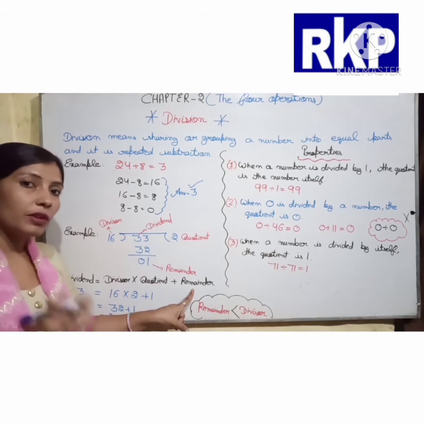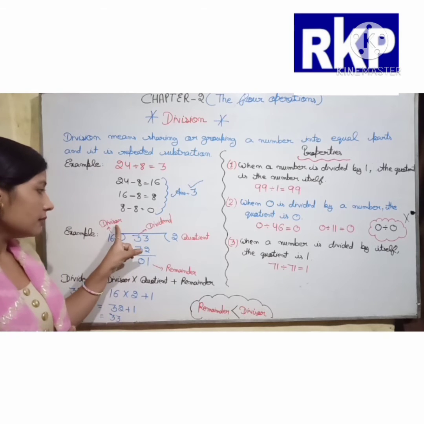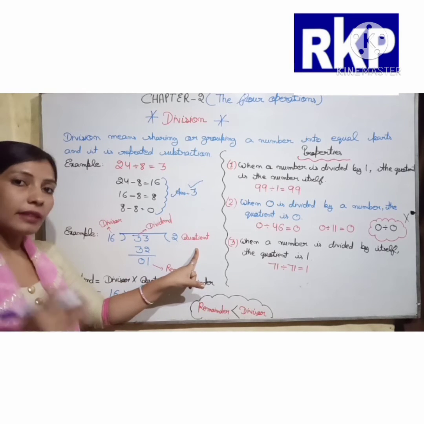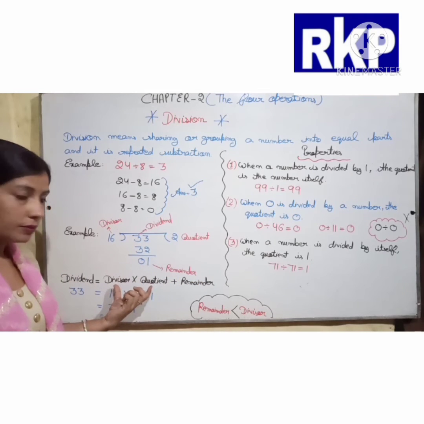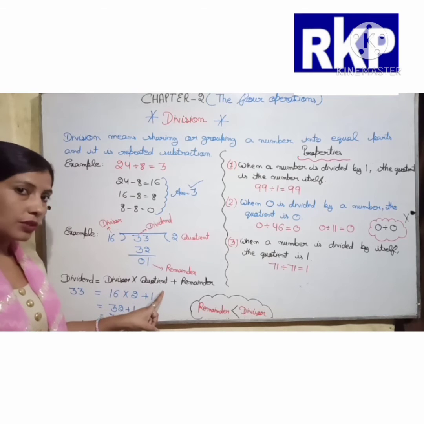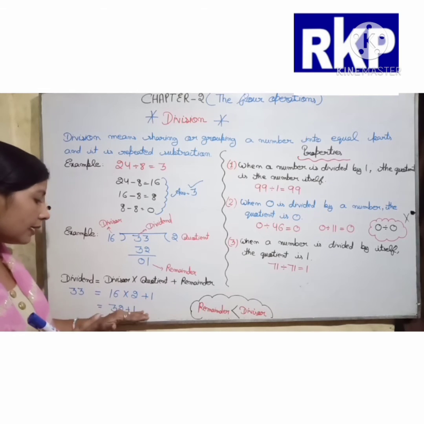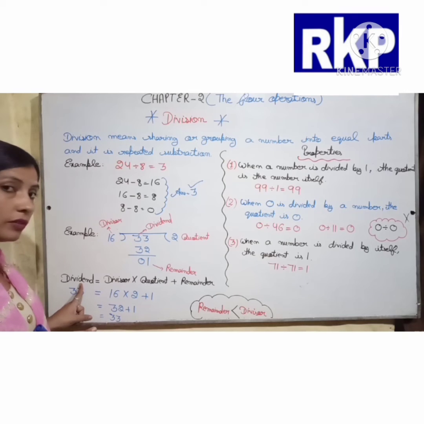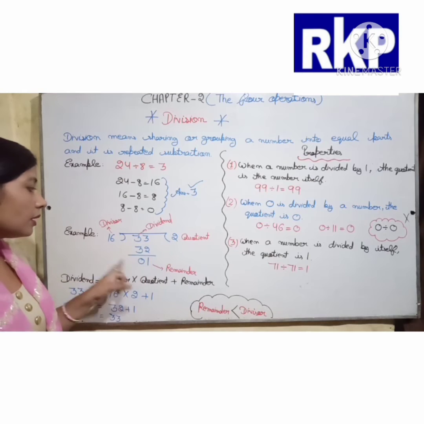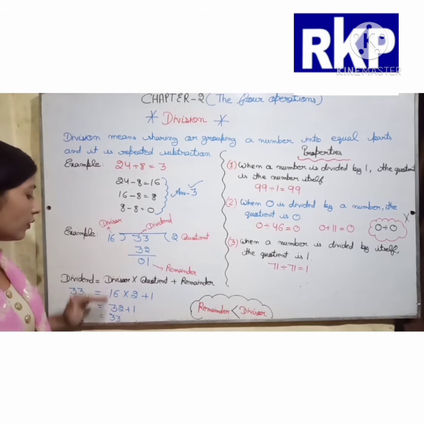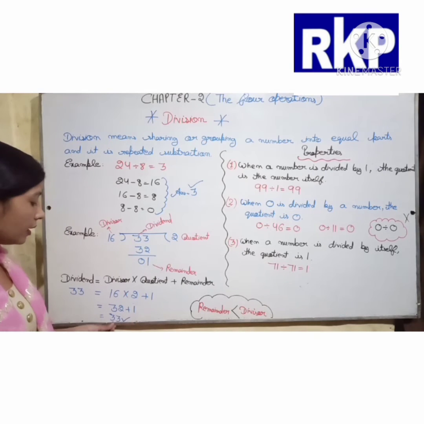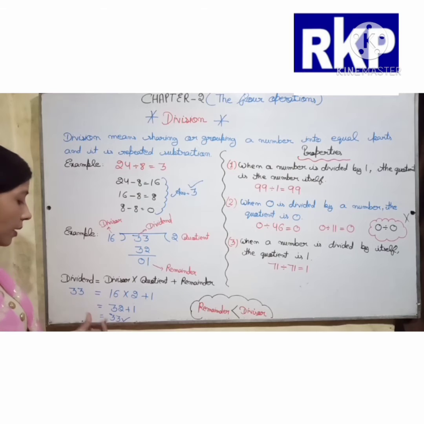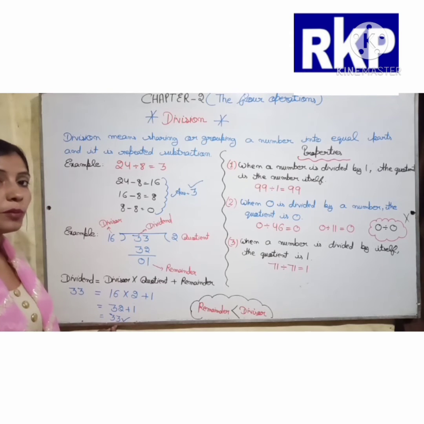It means when we multiply divisor and quotient and then add the remainder to the product of divisor and quotient, then we will get the dividend again. And after completing the division, if you verify and at the end your answer is equal to the dividend, then your answer is correct, beta. Otherwise it will be wrong.